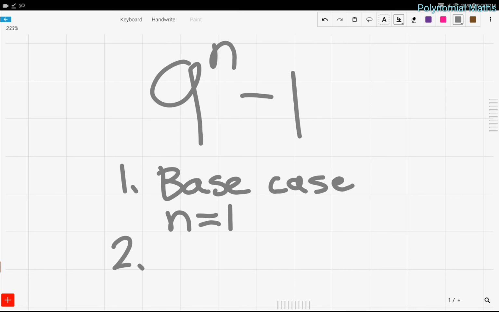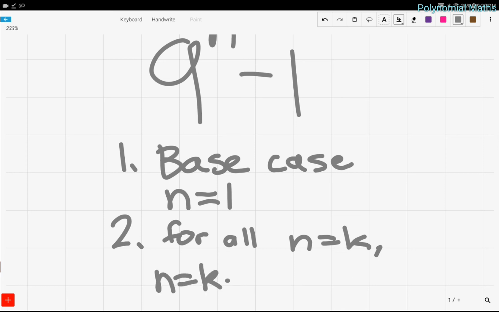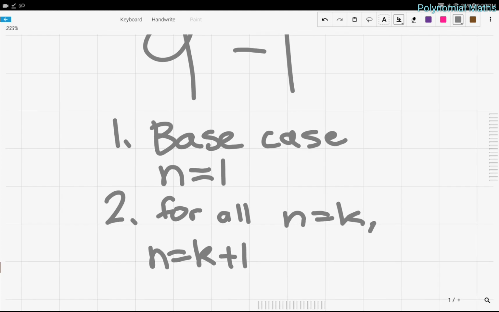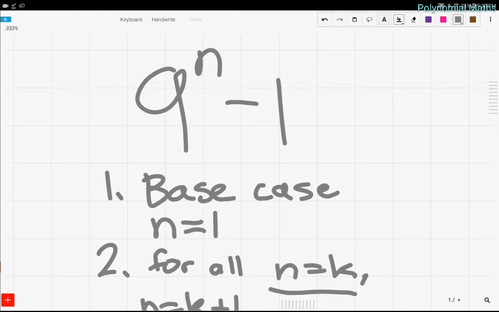And then second, we're going to prove that for all n = k that work, n = k + 1 also works. So based on n = k working, therefore n = k + 1 must also work. So now let's just get started.